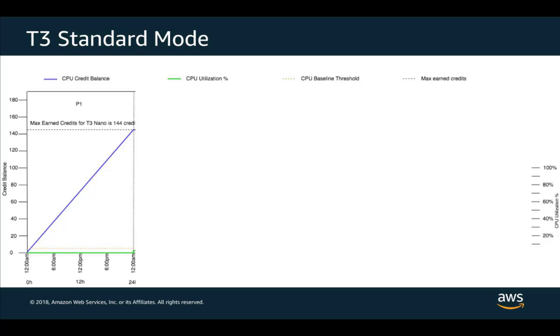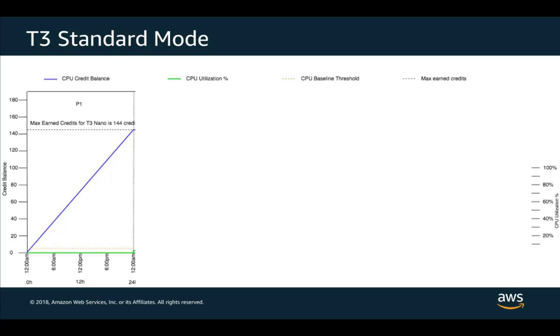I'll demonstrate with an example of how a T3 Nano standard mode works. Say for a period P1, for the first 24 hours, the instance is idle at 0% CPU utilization. The max credit the T3 Nano instance can earn is 144. How do we calculate this max number of credits per instance type?